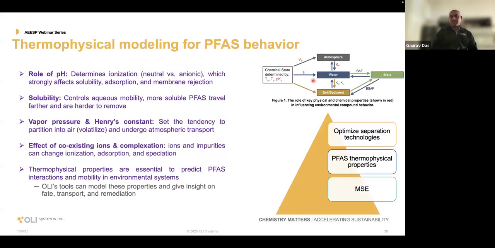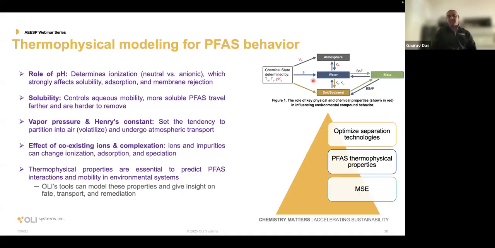What is key here is the role of pH. The role of pH drives the thermodynamic behavior of this PFAS, whether it stays in the aqueous phase as a neutral species or ionic, which drives the solubility of these compounds.